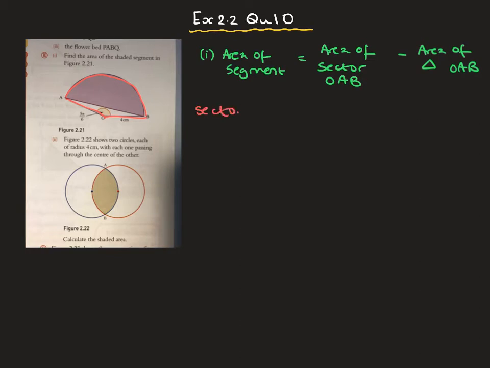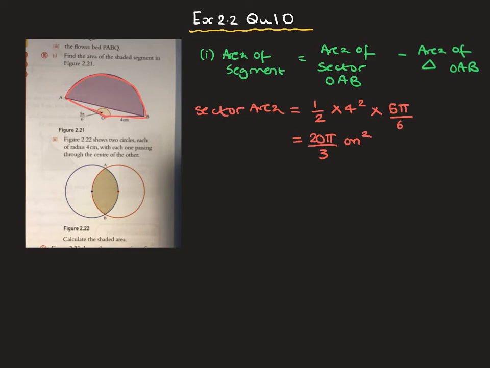So the sector area is equal to a half multiplied by r squared multiplied by the angle theta in radians, so 5 pi by 6. So this gives us a value of 20 pi by 3 centimetres squared.